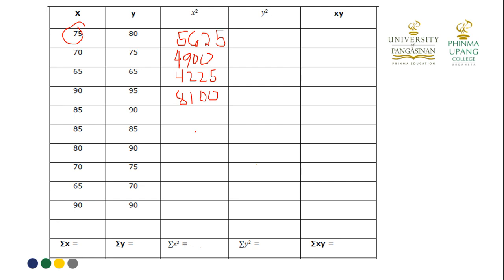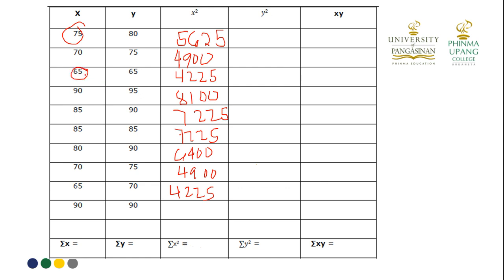Next is 85, 7225. And 80 is 6400. 70 is 4900. How about 65? Naulit na to, 4225.